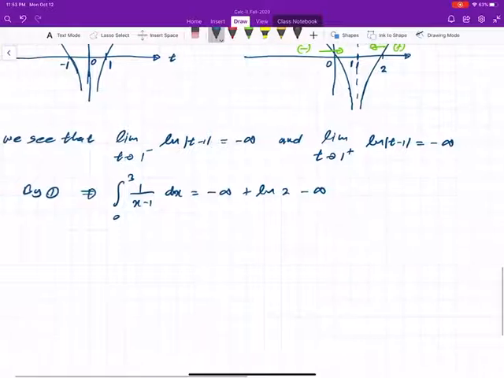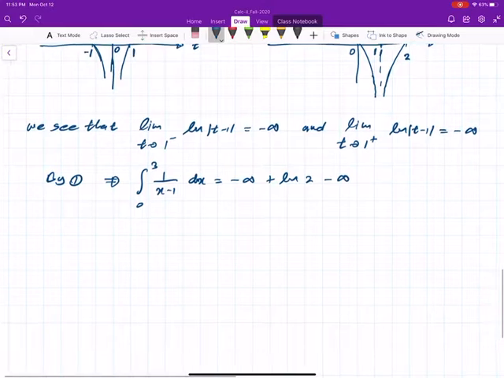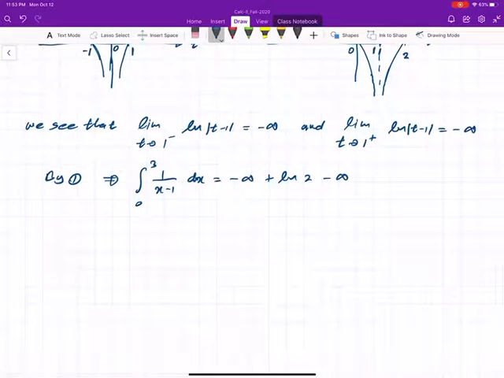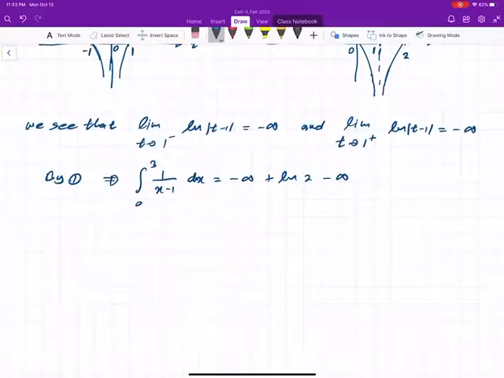All right, so you have two negative infinities and then ln 2. The answer is negative infinity. For negative infinity you could say it does not exist. So the integral from 0 to 3 is negative infinity.